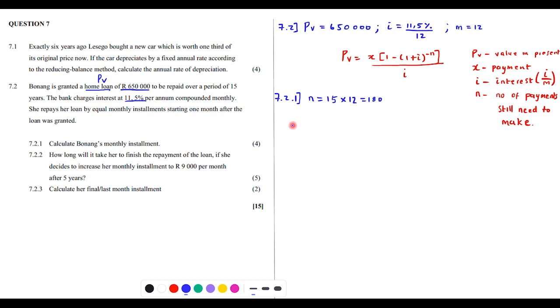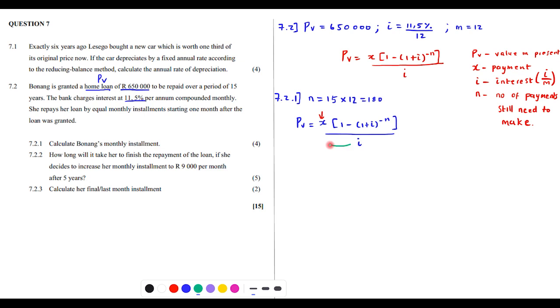So what am I going to do now? I'm going to be calculating my x. That is going to be the formula that we're going to use. Another method that I like to use when I'm doing present value and future values is to first see what it is that I'm trying to find. Here I'm trying to find x, so I need to first isolate it before I can substitute.